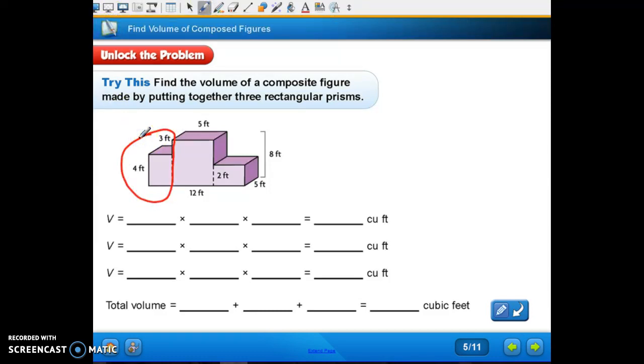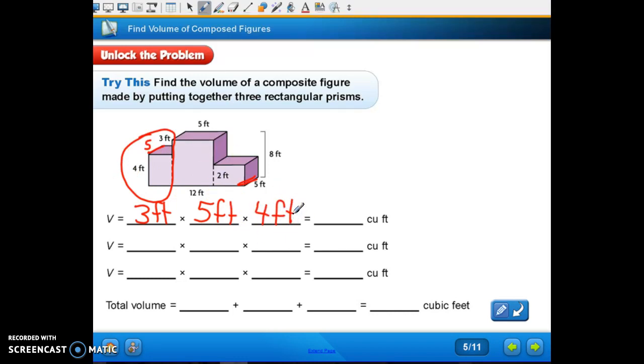What is this measurement down here? 3. What is this measurement that goes back right here? 3. How deep is our prism? 5. So we have a length of 3, a width of 5, and a height of 4 feet.